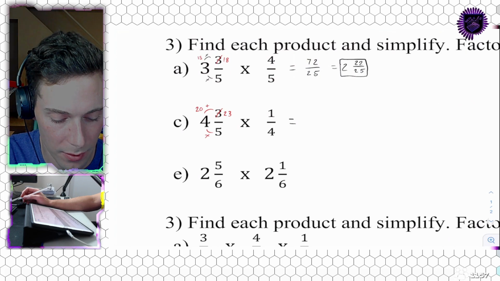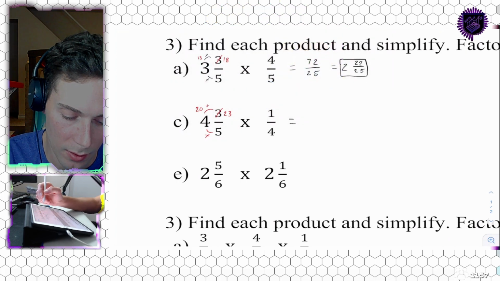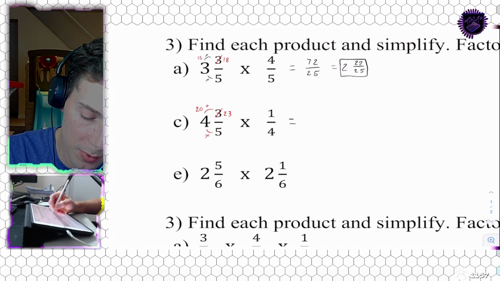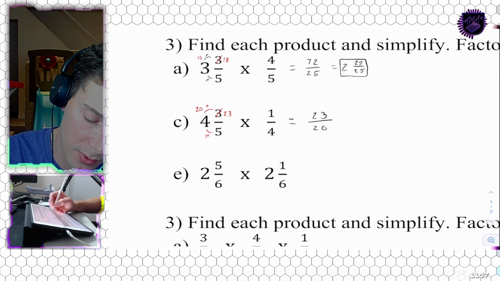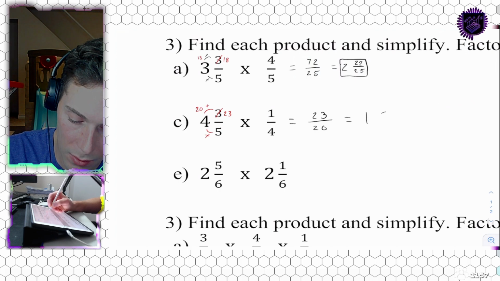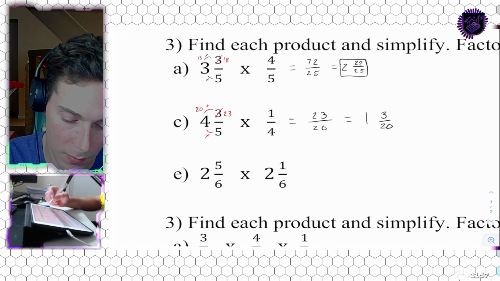Common factors. No common factors. 23 times 1 is going to be 23. 5 times 4 is 20ths. 23 20ths, which is going to leave us with our mixed number of 1 and 3/20ths. Final answer.